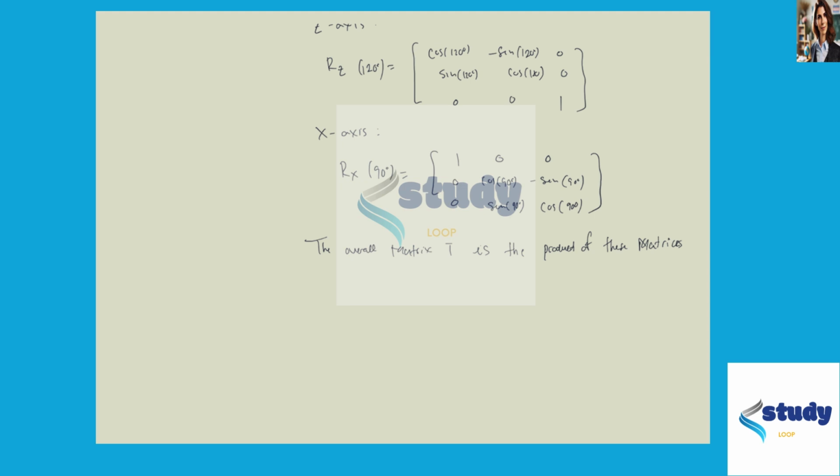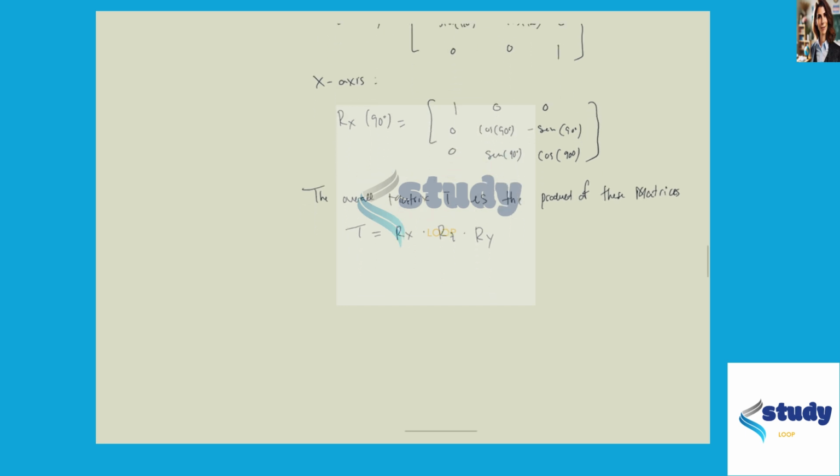T is equal to R of X, times RZ, times RY.